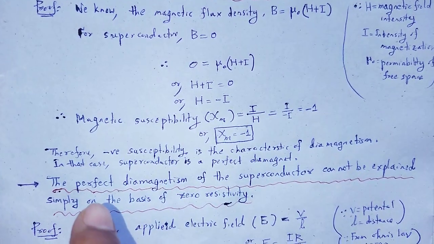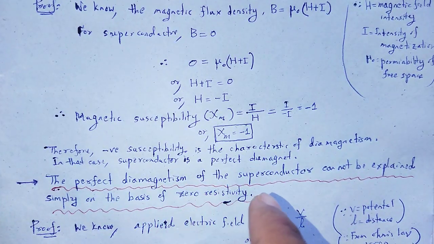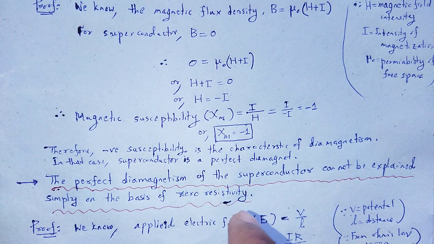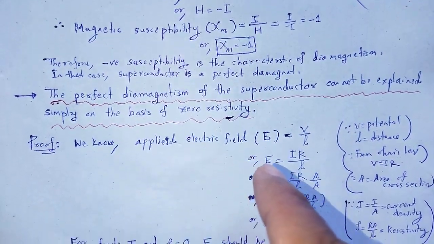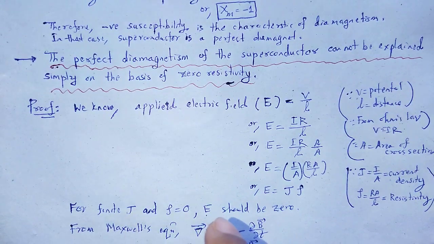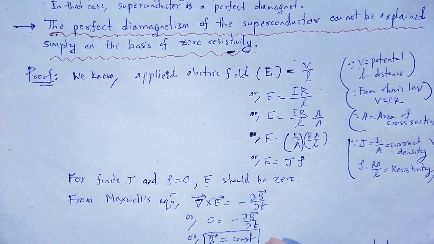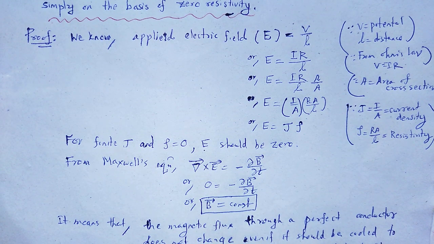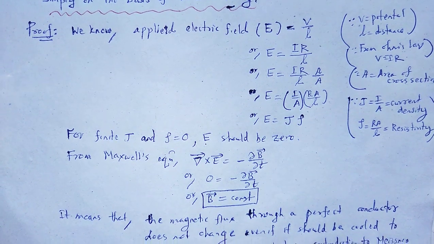Next aspect, the perfect diamagnetism of the superconductor can't be explained simply on the basis of zero resistivity. By taking zero resistivity, we can't explain that a superconductor is a perfect diamagnet.